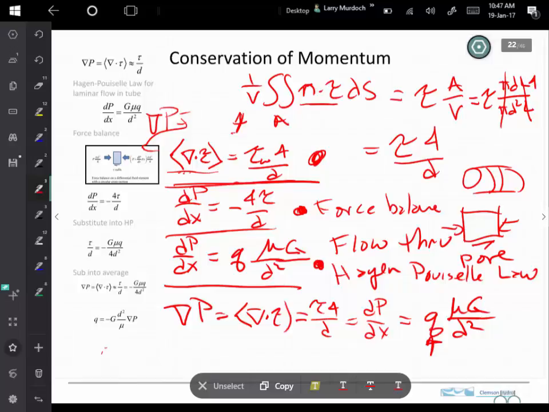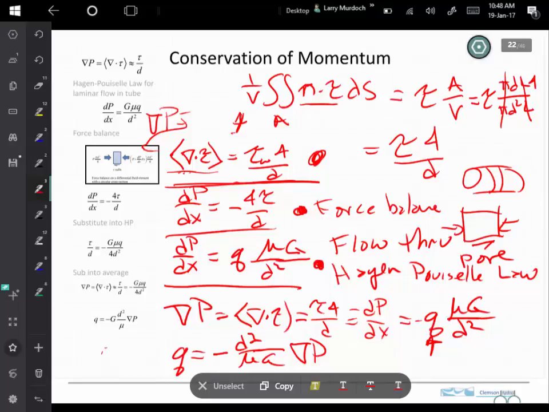That's the volumetric flux. So I'm going to bring that over. I'm going to basically multiply this stuff through. So I get Q, and actually there's a minus sign in here. The sign changed. So Q equals minus d squared, there's the viscosity, there's a geometric factor, and there's the pressure gradient.